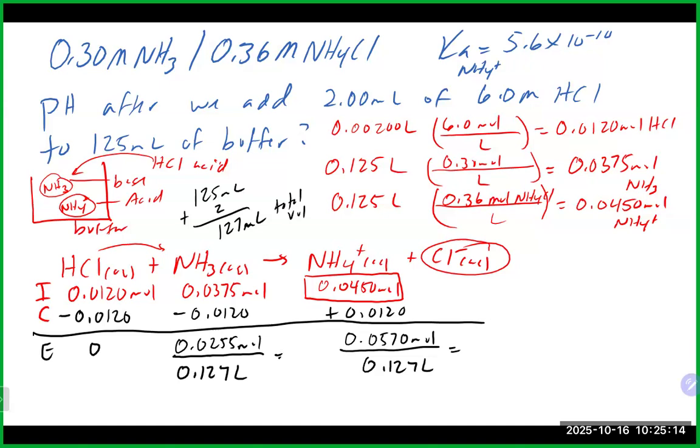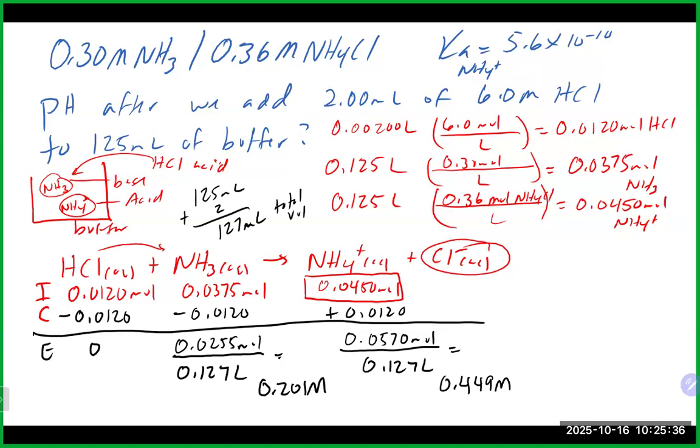And that will get us here 0.0255 divided by 0.127, 0.201, I'll call it, and 0.0570 divided by 0.127, 0.449. That's what we got here.